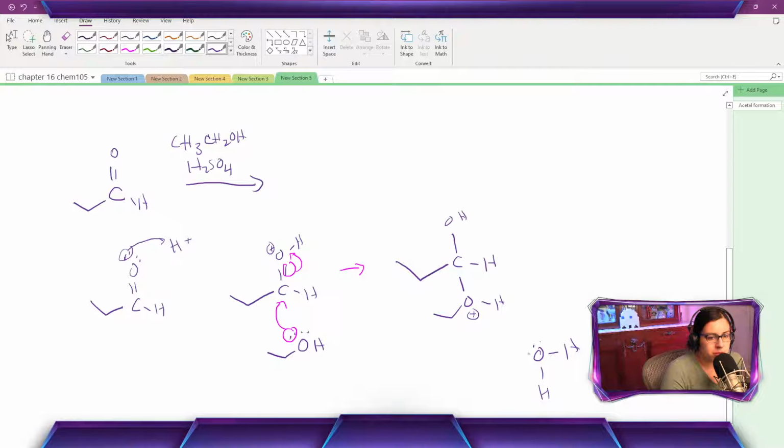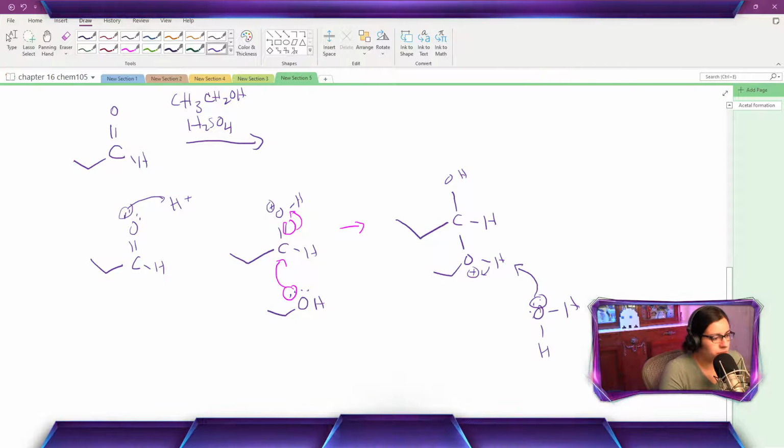The water comes along, deprotonates this. And so now we form our hemiacetal here. So our product.